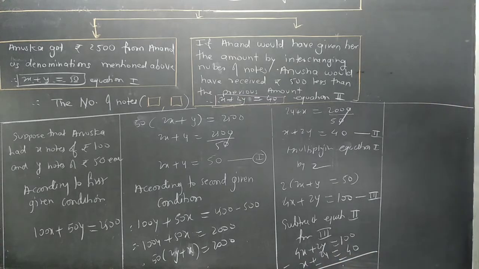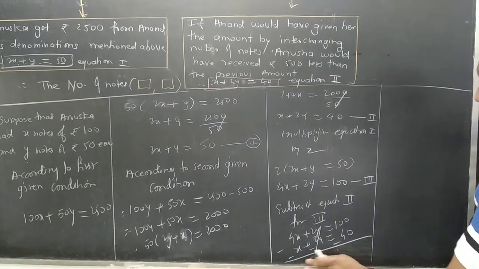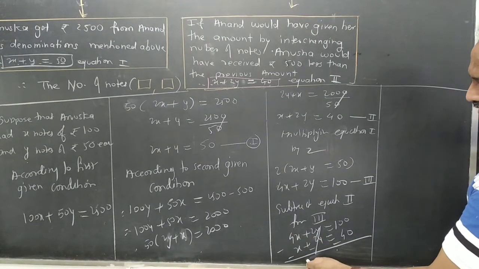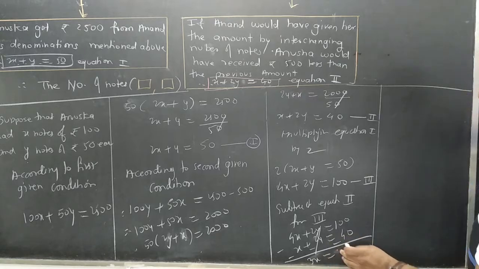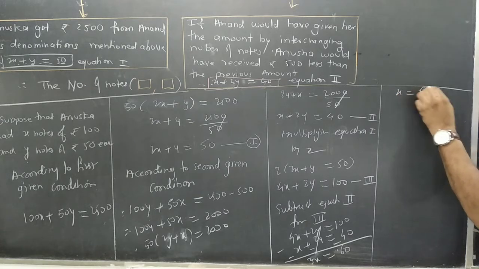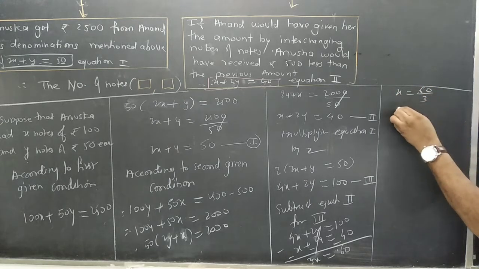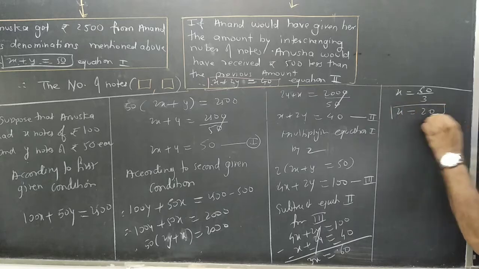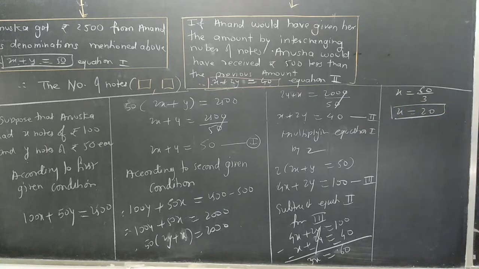Subtracting means you have to change the sign. This 2y will get cancelled. 4x minus x is 3x is equal to 100 minus 40, which is 60. So x is equal to 60 upon 3. x is equal to 20.